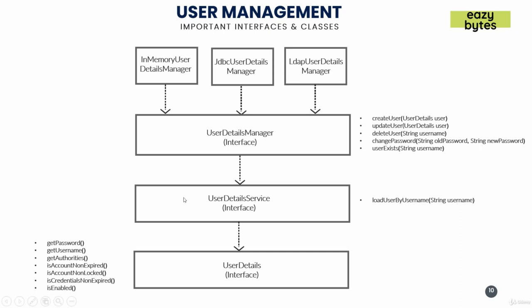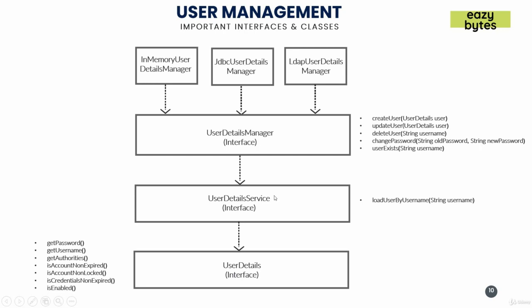So user details service is an interface which has the logic of fetching the user from the database or any other place, and the return type of load user by username is user details, because whenever we are dealing with users, we decided to use the user details schema adhering to Spring Security.